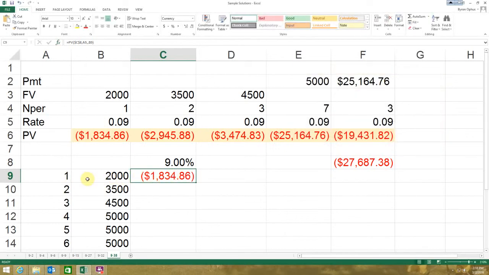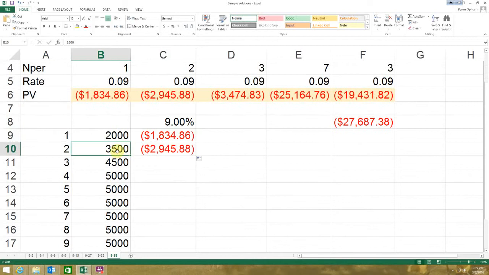For the 2,000, it's that. Now I can grab this. My present value of 3,500 in 2 years is going to be 2,900. And I can grab that for my present value of 4,500. I'm doing this one at a time; you guys can do the whole thing. My present value of $4,500 after 3 years is that.